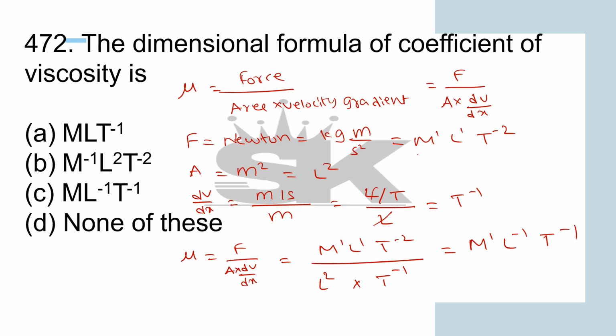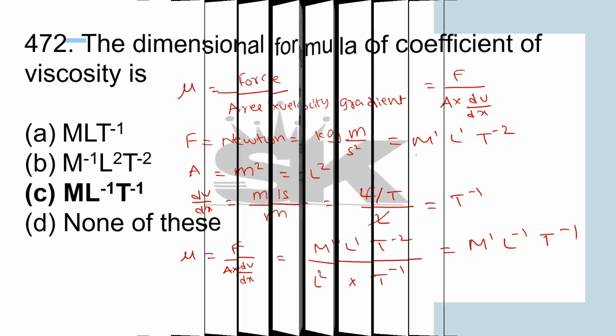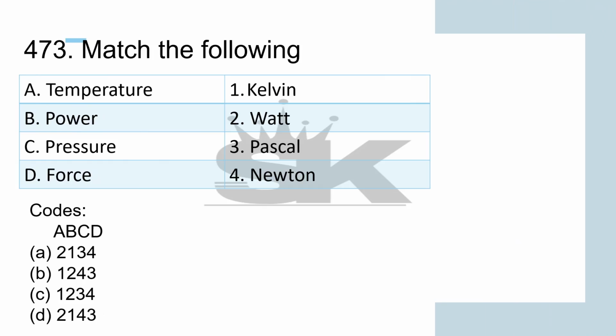What is the option here? That is option C. Match the following: temperature Kelvin, power watt, pressure Pascal, force Newton. So 1, 2, 3, 4, that is option C.